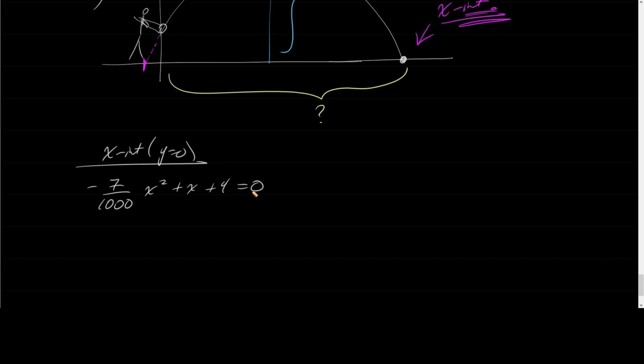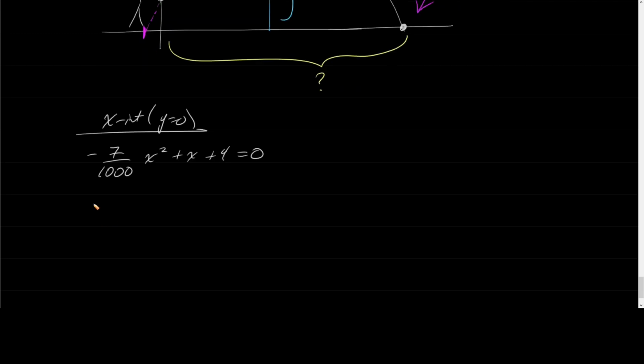The very first thing I'm going to do, to not work with this fraction, is multiply everything by 1,000. So I have negative 7x squared plus 1,000x plus 4,000 is equal to 0. And this is what I'm going to be solving now.